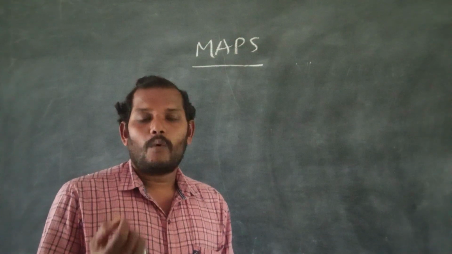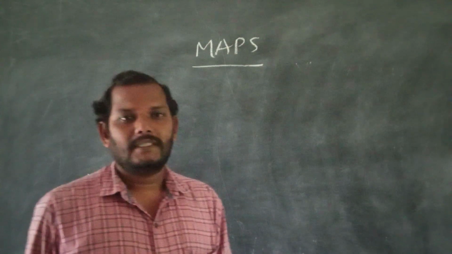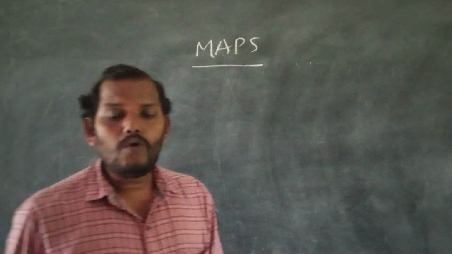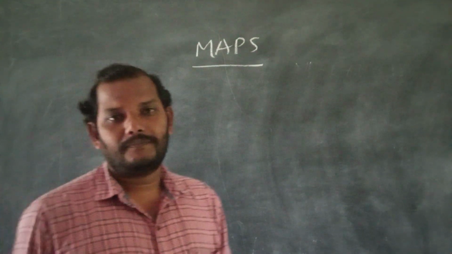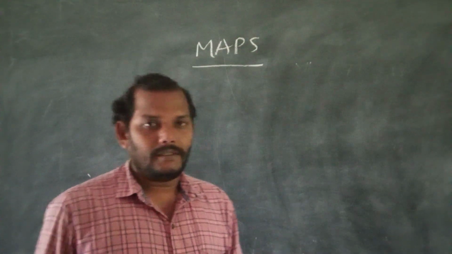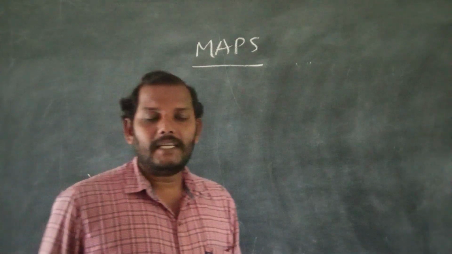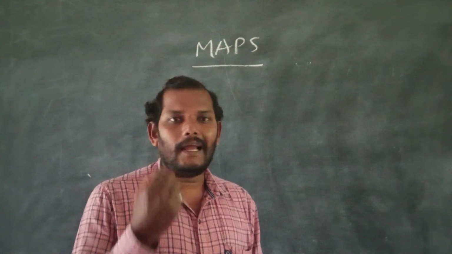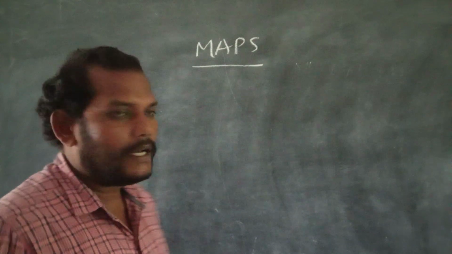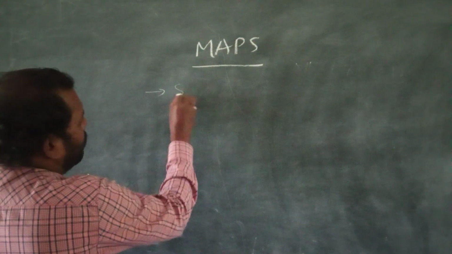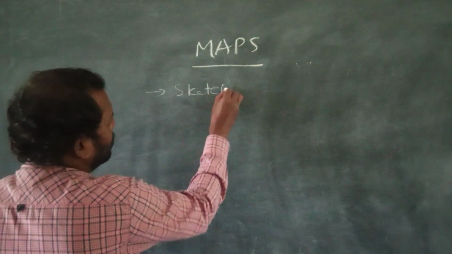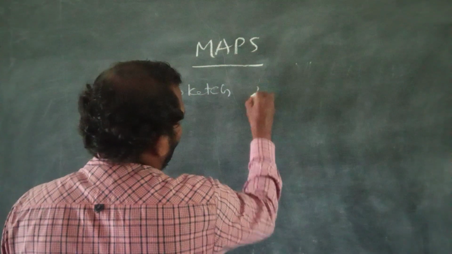What is called a map, who used the map first in the world, and what is a sketch and a map; what is the difference between a sketch and a map.